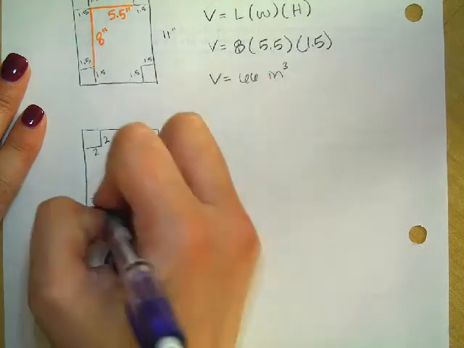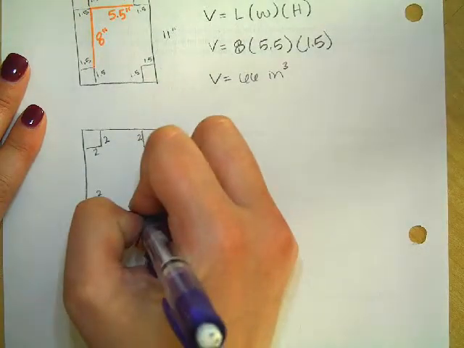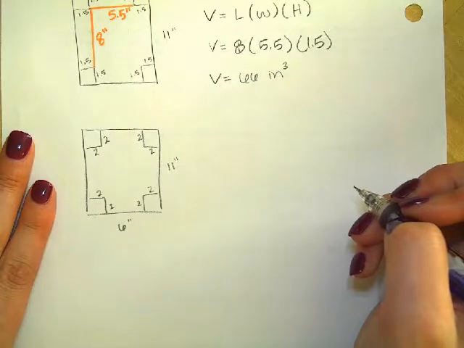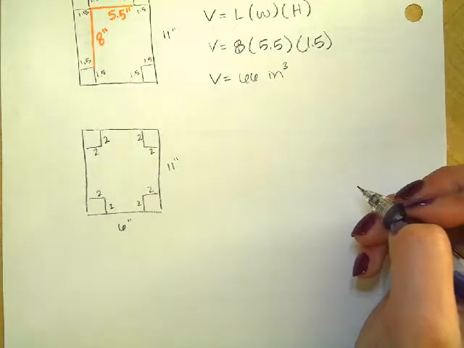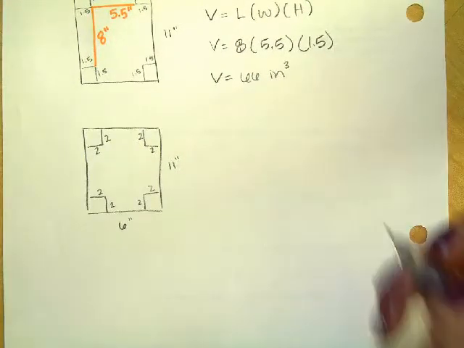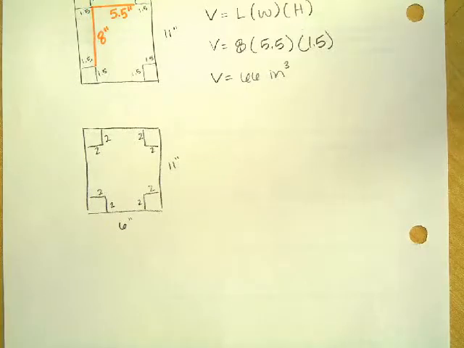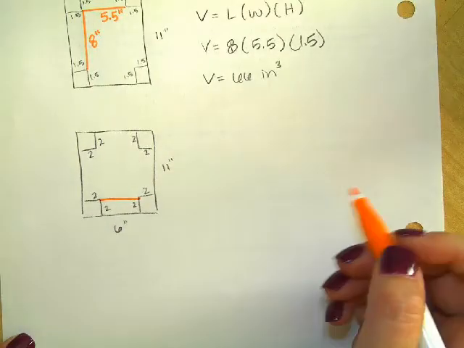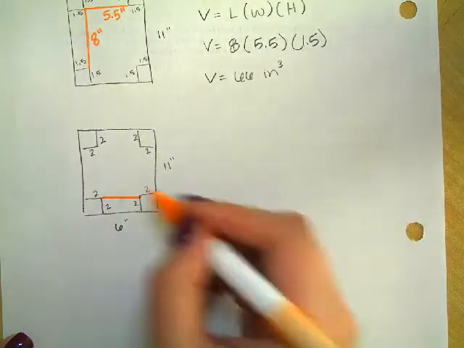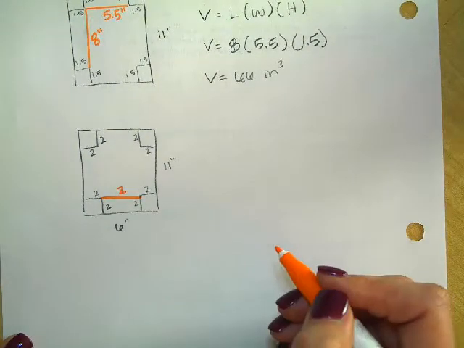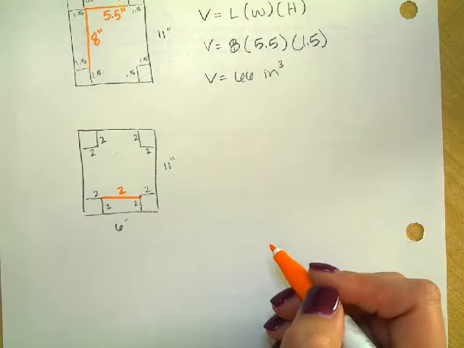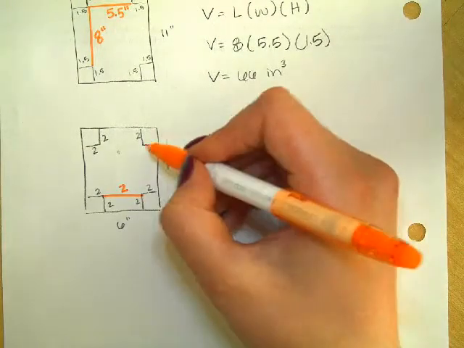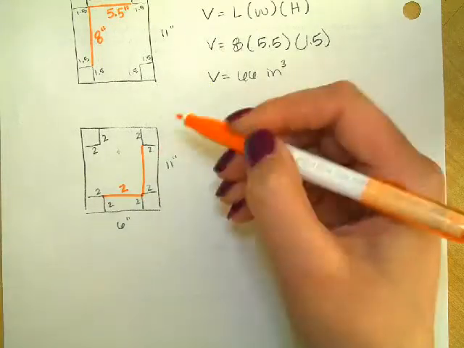So 6 by 11 for the original sheet, and I'm cutting out 2 inches on each side. If my original width is 6, and I cut off 2 and 2, it'd be 2. That's a really tiny width, right? And if my original length was 11 and I cut off 2 and 2, it'd be 7.